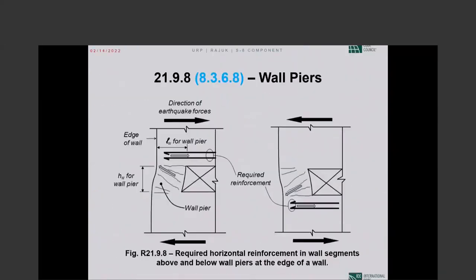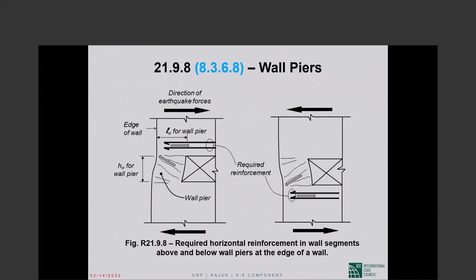The final thing: this was never in the UBC or the IBC, but we have added this in 318. So this is a wall pier at an edge of a shear wall. If the earthquake direction is as shown in the figure, then compression diagonals will form as shown in the picture in the wall pier, or in the wall segment.